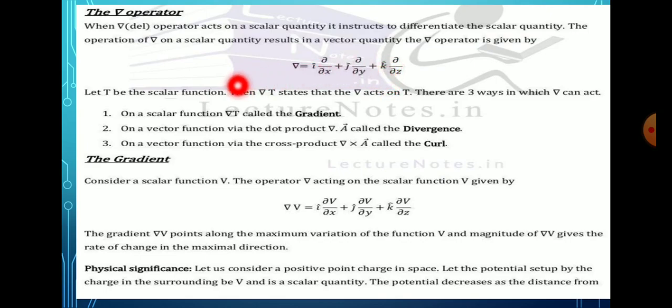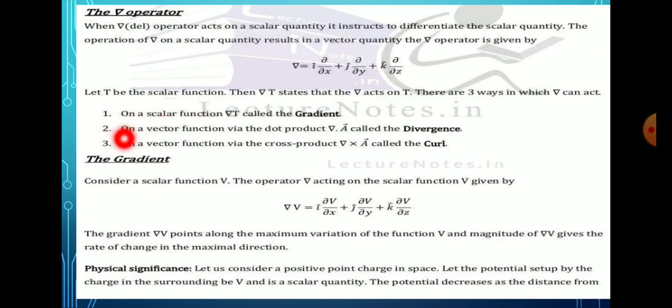Here the gradient operation is performed to find the spatial variations of a scalar quantity such as temperature, height, etc. Let t be the scalar function. Then del of t means del acts on t. There are three ways in which del can act.